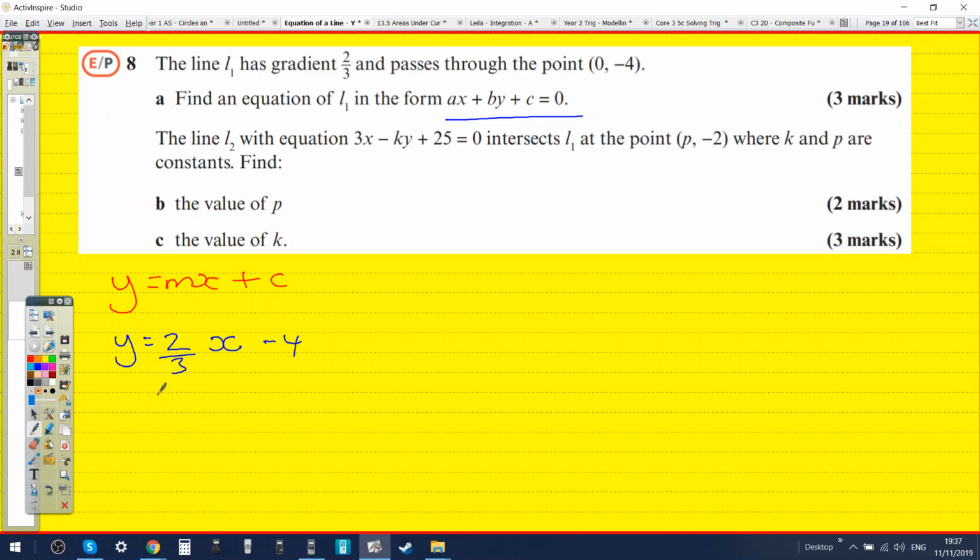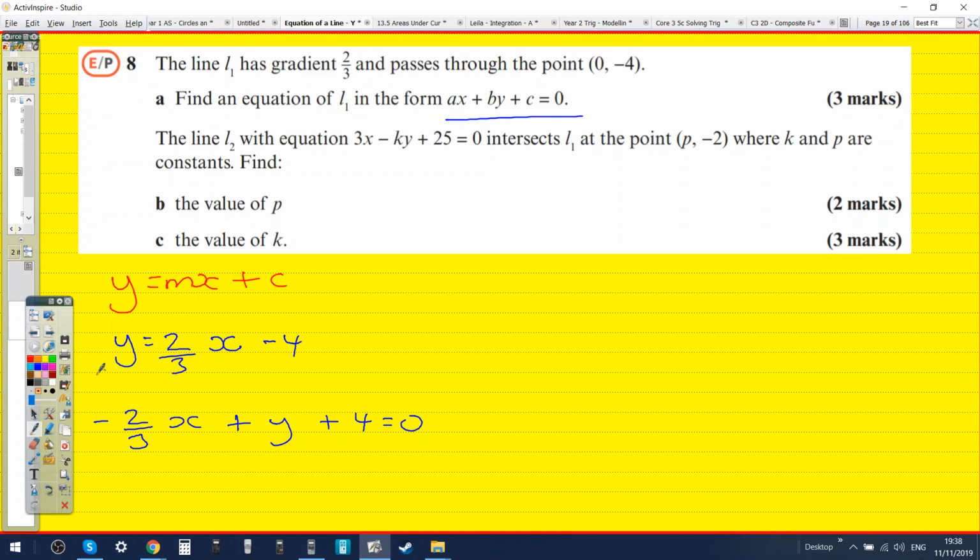And so will it just be minus 2/3 x plus y plus 4 equals 0? And so do I just go on to b now? You're actually correct.